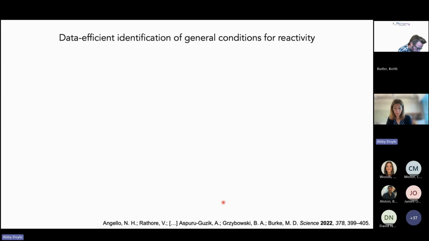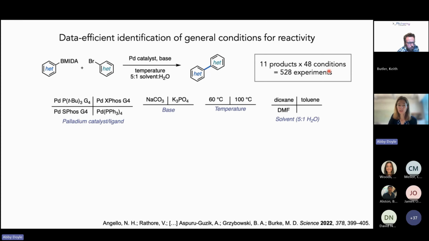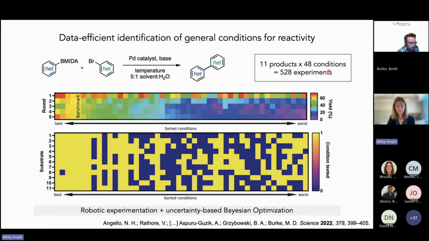There's a beautiful example from Marty Burke and Alana Spiraguzik and Bartosz Grabowski that was published a few years ago that attempted to do this using Bayesian optimization, wherein they were looking at a Suzuki cross-coupling, 11 products in 48 conditions, and they adjusted a Bayesian optimizer in order to do active learning in this space to find more general conditions for the Suzuki coupling.